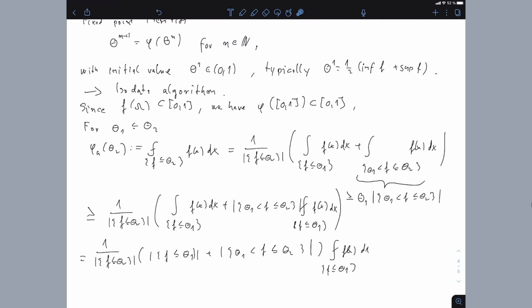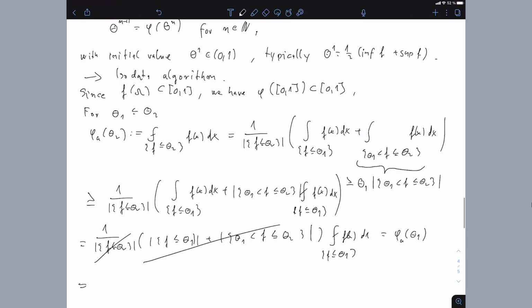Yeah, so what I'm doing is adding this factor here and also dividing by it. That's why I get this, and the mean integral just factors this out. And the volume of this plus the volume of this is exactly the same as the volume of that, because the union of the domain is 1. And so that means this cancels that factor, and what I have left is phi a of theta 1. That means phi a is increasing. Yeah, and the other part also increasing.